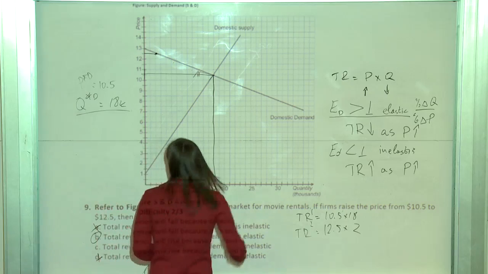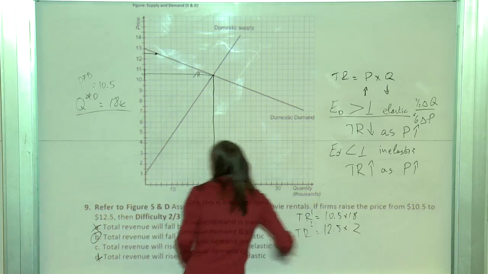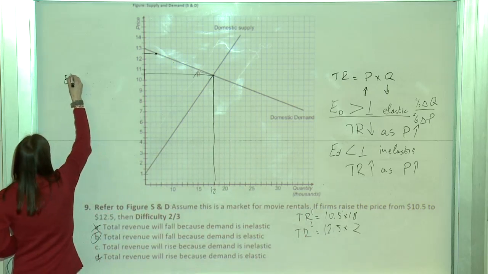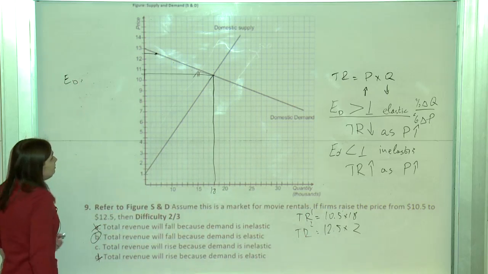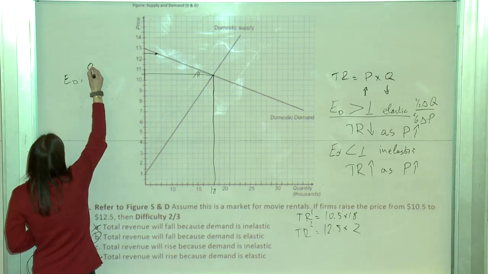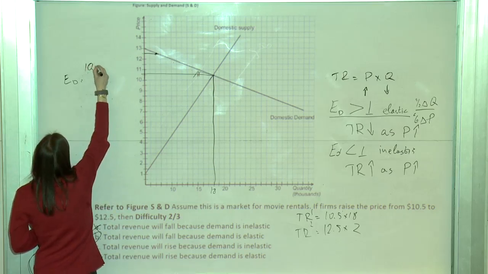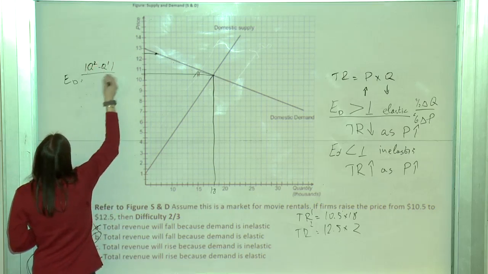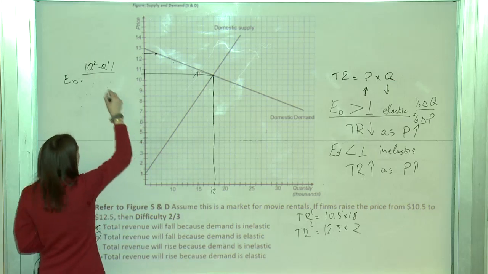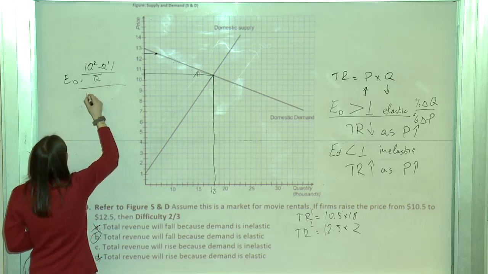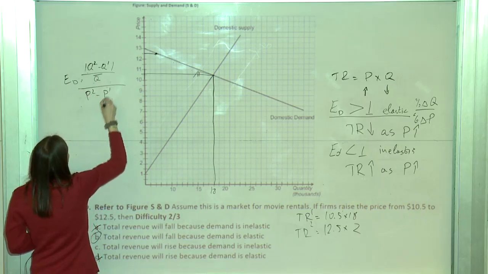If you don't want to go that way, we can also calculate the elasticity of demand. Right? So elasticity of demand is the midpoint formula, or just basically the change in quantity, quantity 2 minus quantity 1, divided by the average quantity, which I'm going to denote as quantity bar, divided by the change in the price over the average price.